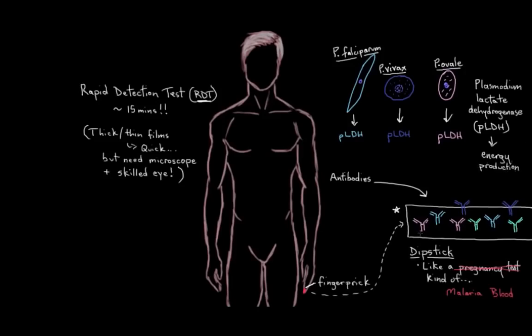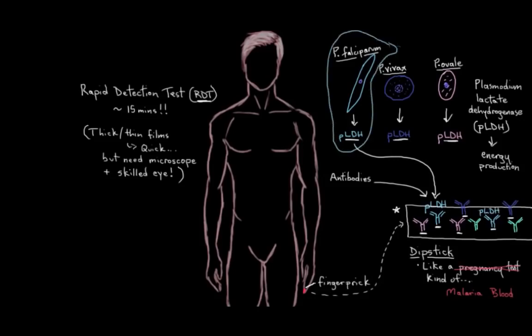And so our dipstick actually has antibodies on it that can bind to each of the different PLDHs that the different subtypes of plasmodium would make. So based on the kind of PLDH that our dipstick antibodies bind to, that's how we know what type of malaria parasite we're dealing with. And that's important, because some subtypes need their own special kind of treatment for us to completely remove them from our system.